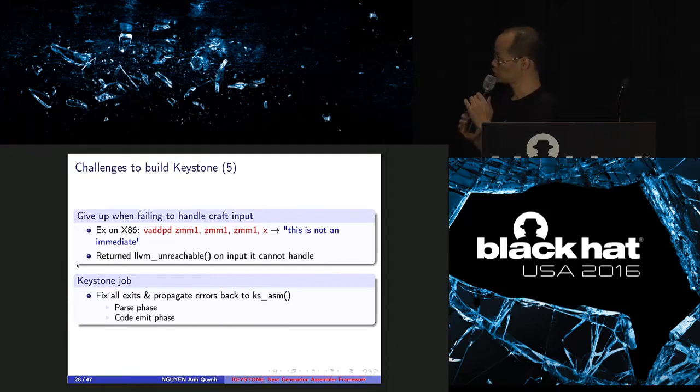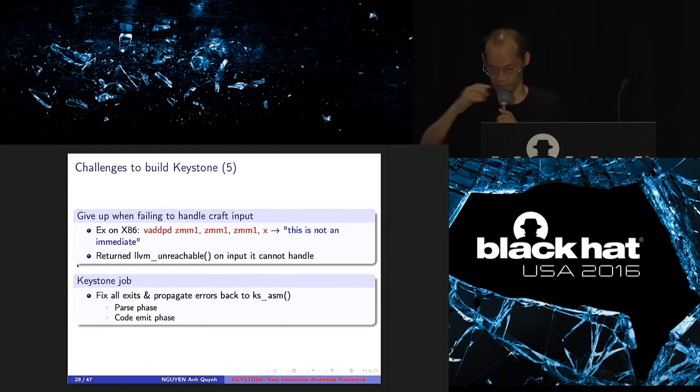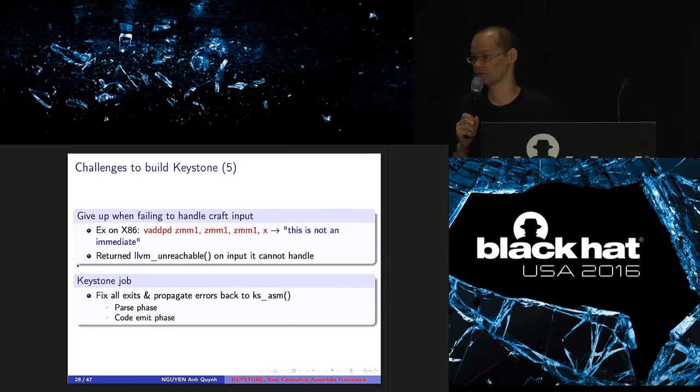Okay, there's one more issue. If you compile something like that on LLVM, you need to report that this instruction is not correct. You can see that the X on the red instruction should be one number, one constant number. When LLVM sees that, it reports an error, and after that it exits immediately. That's not good for the framework, right?